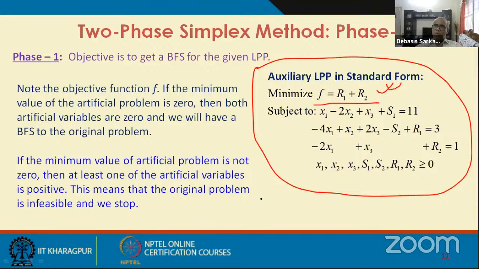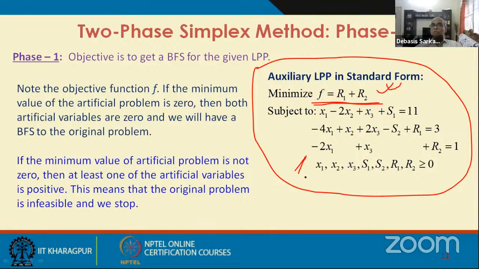They are all constrained to be greater than or equal to 0. So if the minimum sum of the artificial variables is not 0, it means that there is at least one non-zero artificial variable in the optimal solution for this problem. It means that the original linear programming problem is infeasible. There doesn't exist an initial basic feasible solution for the original problem.